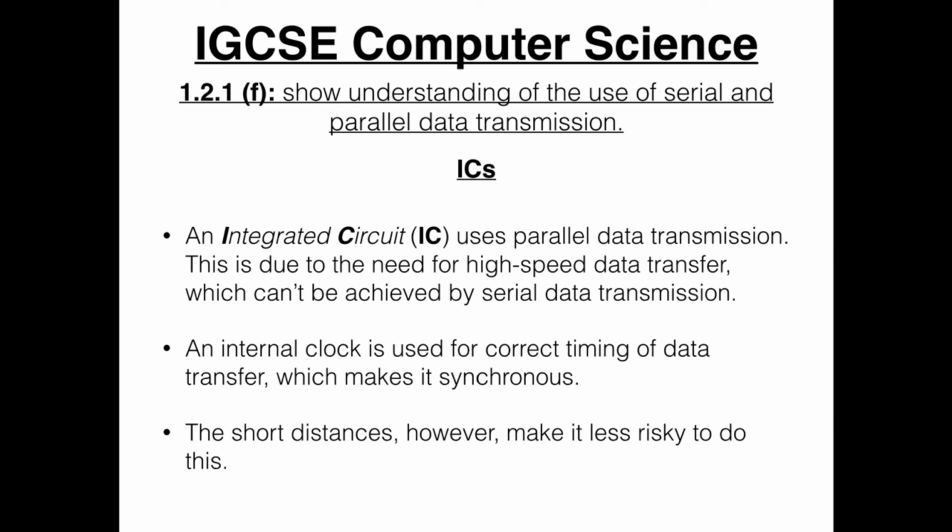Well, the thing is, since it's such a short distance, this doesn't really pose a problem. If you were to transmit data using parallel data transmission halfway across the world, then yeah, that might pose a problem. But with such a short distance, it might not, and therefore you can get high speed with less risk.